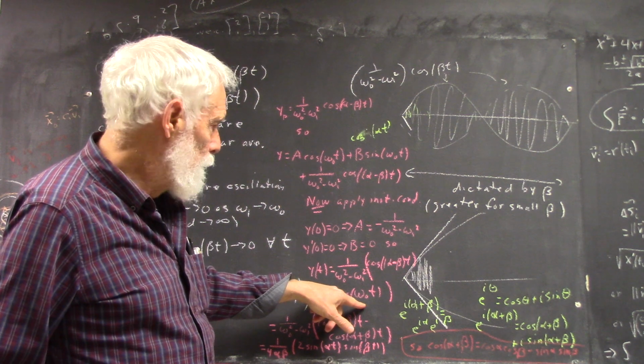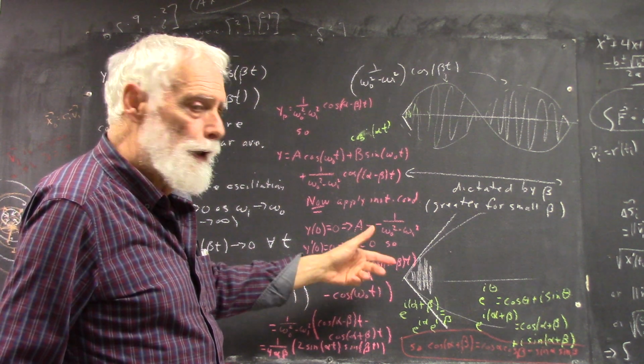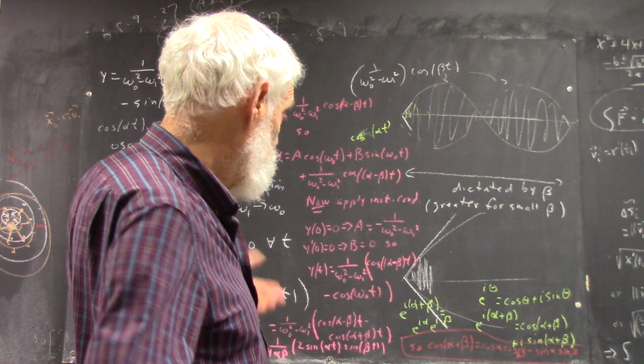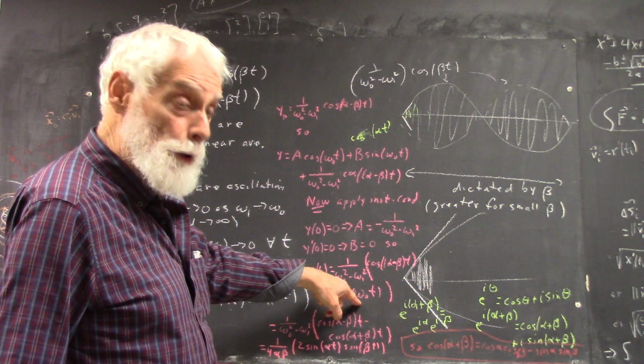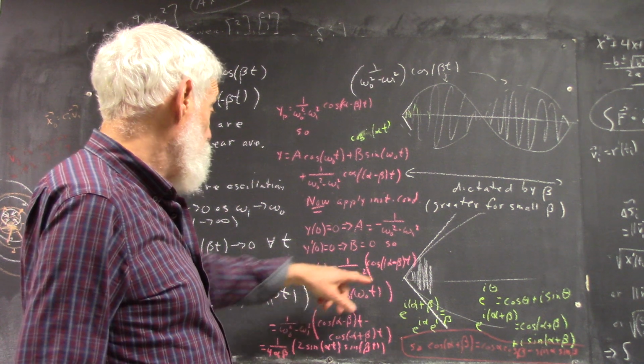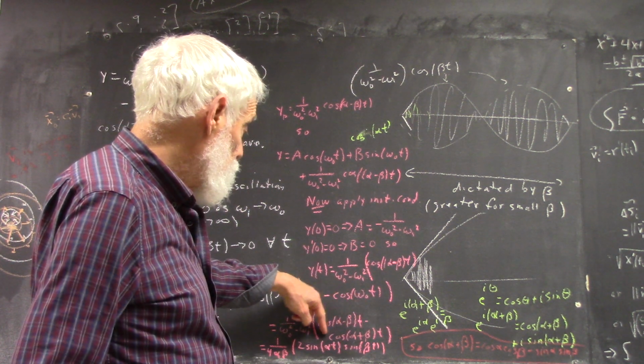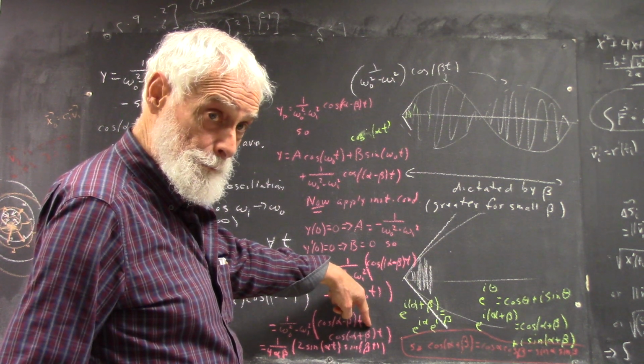Well, the same thing, omega naught is therefore alpha plus beta. If we add the alpha and the beta, it's very straightforward to see that we get omega naught. So that this becomes cosine of alpha minus beta t minus the cosine of alpha plus beta t.